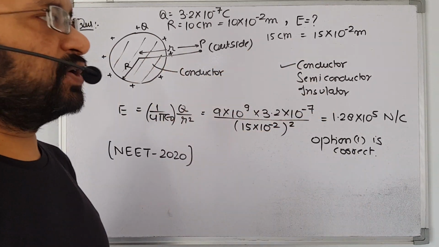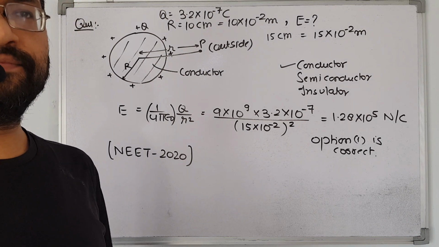The answer is 1.2 × 10^5. Okay, thank you.